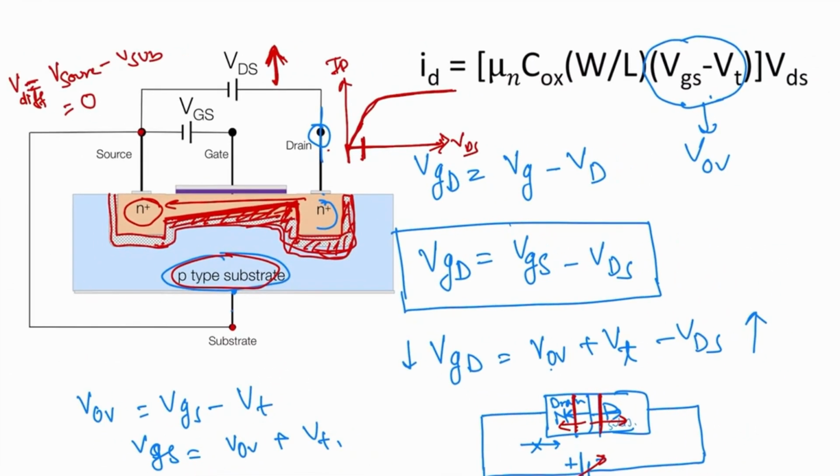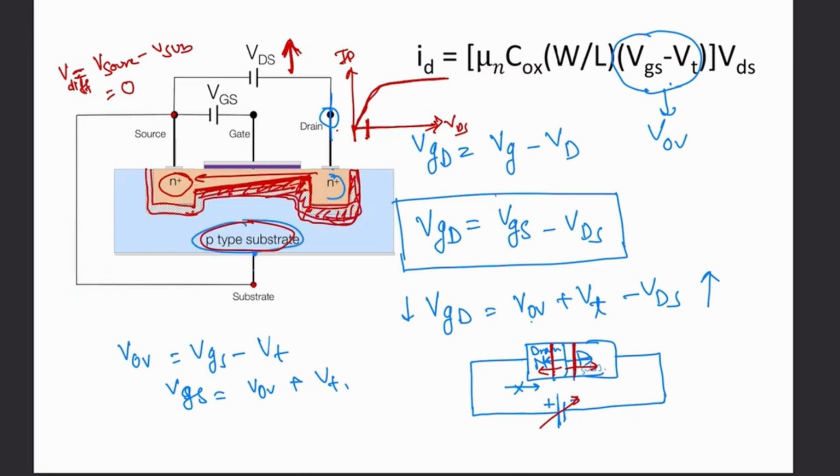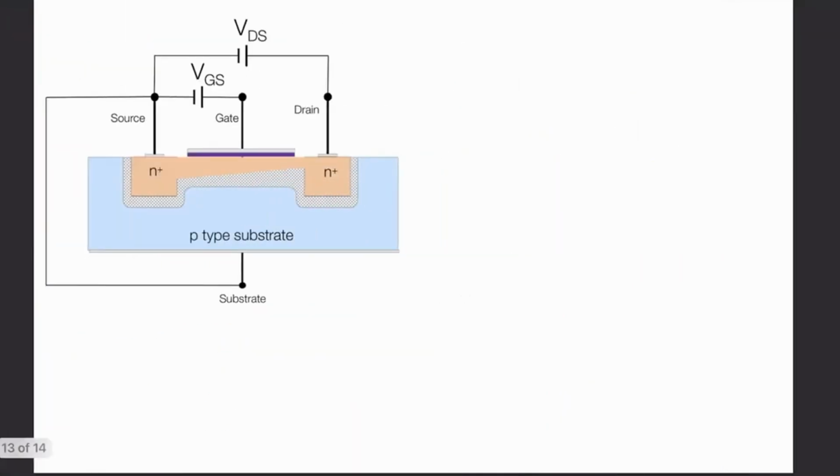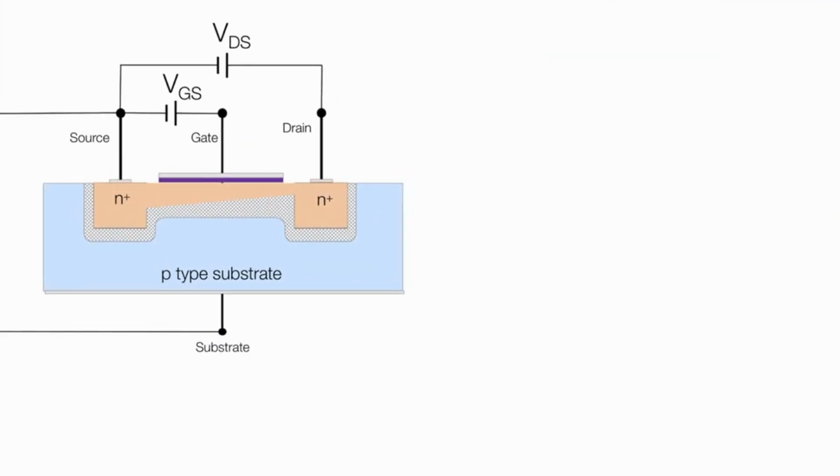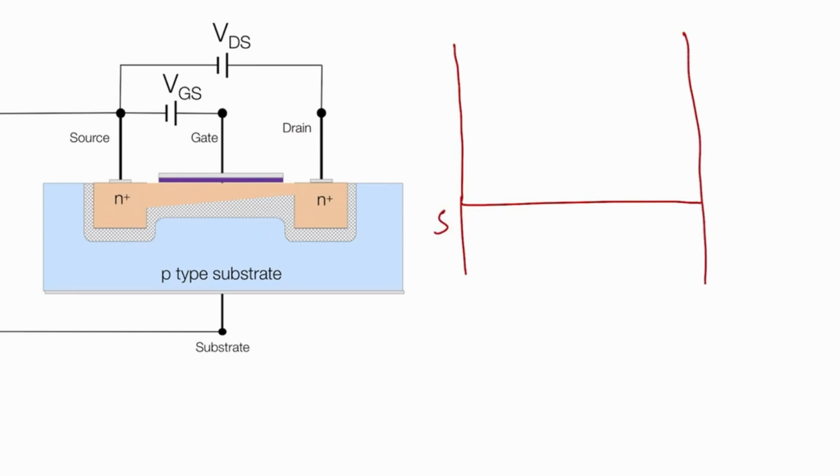Okay. Now let's go to the equations. So this is the drawing where you can see the depletion is already increased, right? And the channel, last time the channel was this one, so that means the channel width is decreased. Here I will draw two diagrams. In the first diagram, this is the source terminal, this is the drain terminal, and this is the gate terminal.